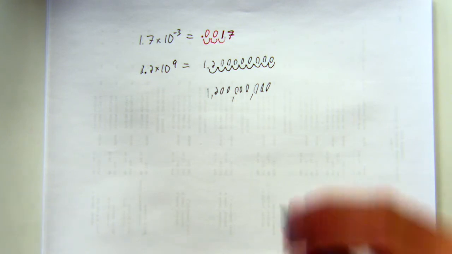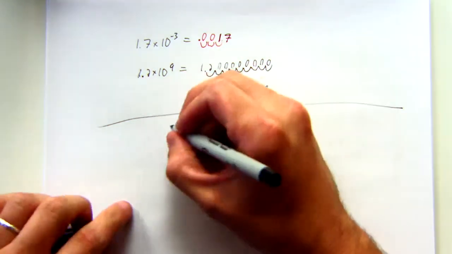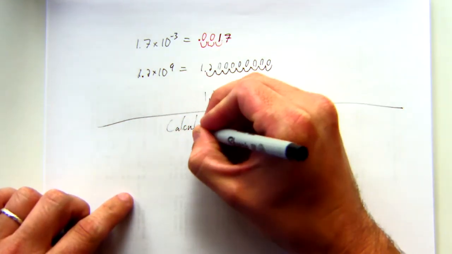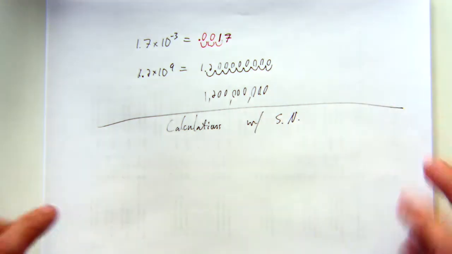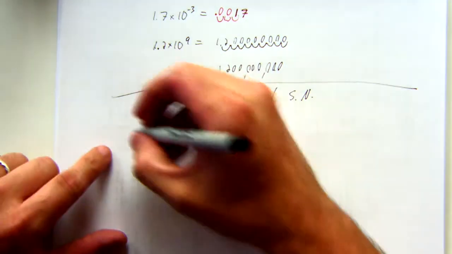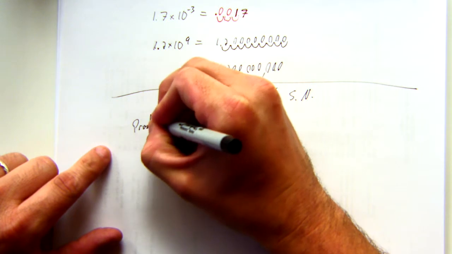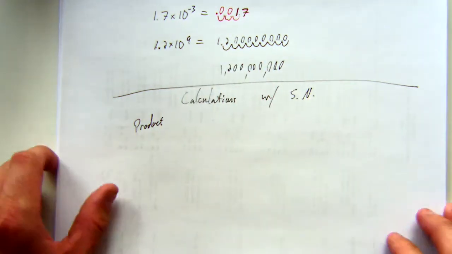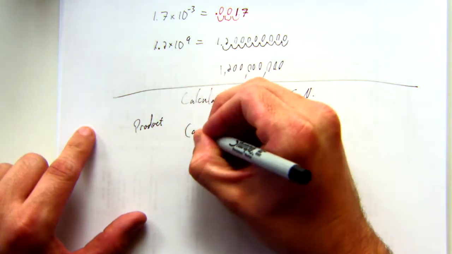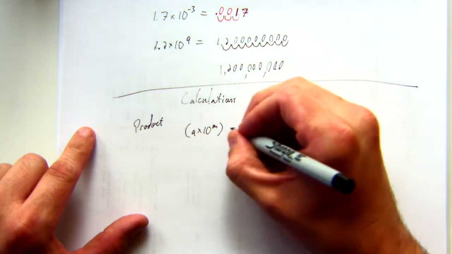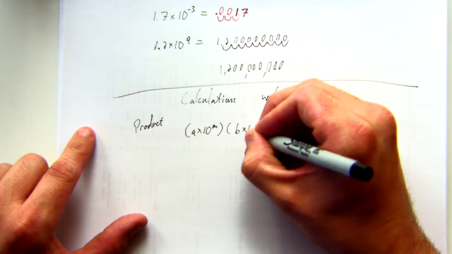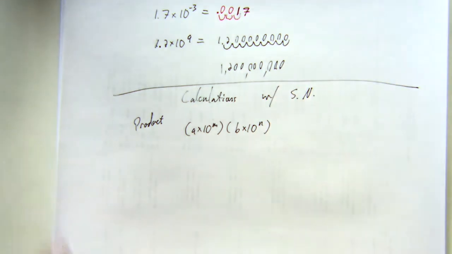Now the thing that we need to know, though, is doing calculations with scientific notation. So really all we need to do is a couple of products. Suppose we have a times 10 to some power times b times 10 to some other power.